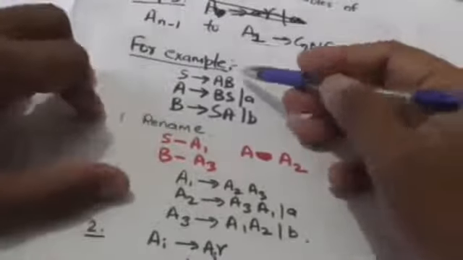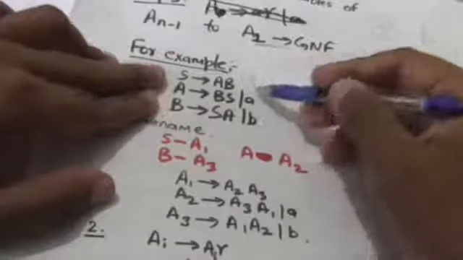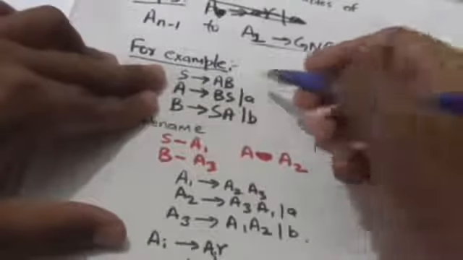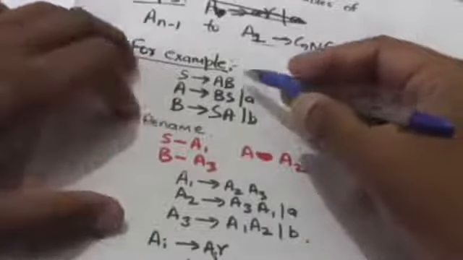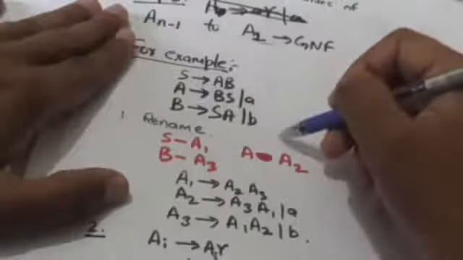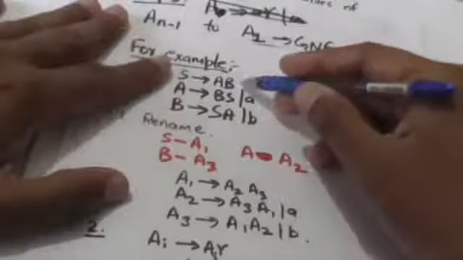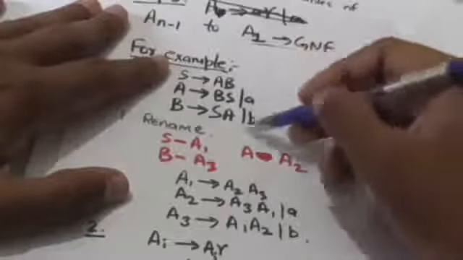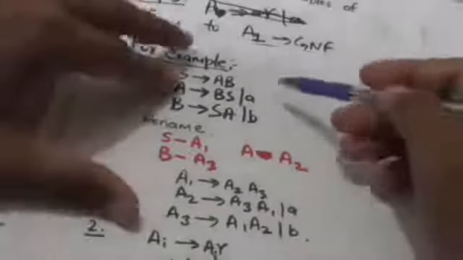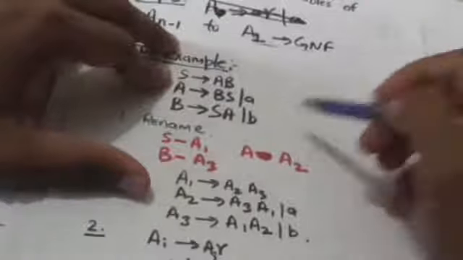Suppose there is some grammar whose productions are these. These are the productions of some grammar. Now, what we have to do is convert them into GNF without affecting the language of grammar G. First of all, we have to make the productions of the grammar be in Chomsky normal form, but these productions are already in Chomsky normal form.